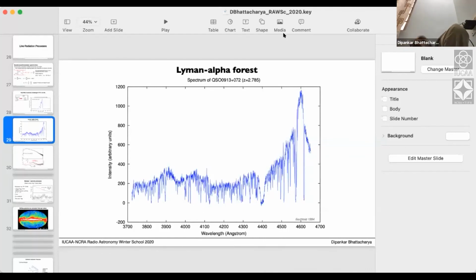Now, if you take a synchrotron frequency, let's take even the cyclotron frequency, where gamma is equal to 1. I have mentioned to you that cyclotron frequency is 3 megahertz per Gauss. In 10 to the power of 12 Gauss, that will be 3 times 10 to the power of 18 hertz, which is in X-rays. In fact, it will be 12 kilo electron volts for 10 to the power of 12 Gauss.